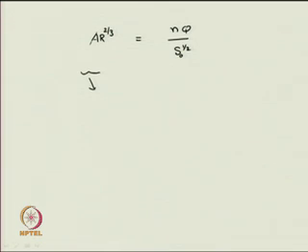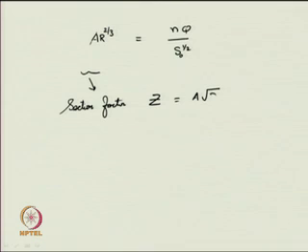Recall your flow computations in critical flow and all. You just recall the earlier module where we computed flow in critical sections. There you had defined a term called section factor Z, that was given as A into root of D, where D is your hydraulic depth equal to A by top width T. These things we had studied in our earlier module.